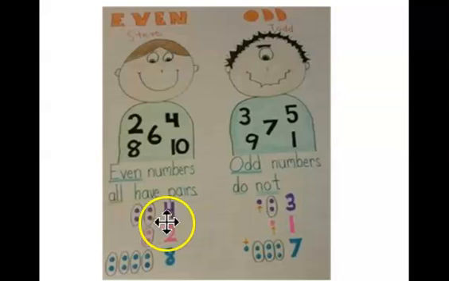Do you see how they all have a pair? So we said 4 we know is an even number because they all have pairs. And here's odd. We called him Odd Todd to help us remember. And on here, like we said, 1 was an odd number because it does not have a pair with it.